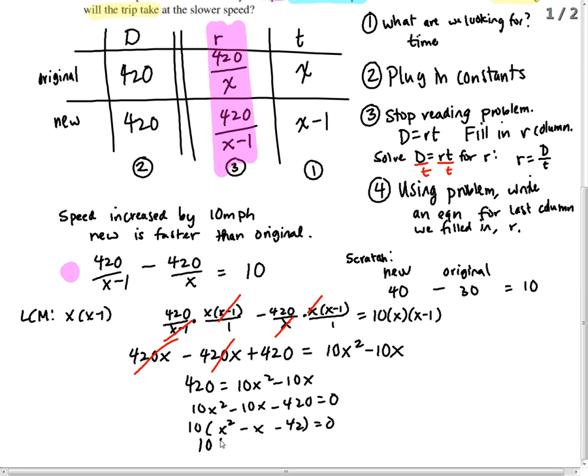Actually, I can see them already. It's 6 and 7, right? x minus 7, x plus 6. I need something that differs. Okay. And so I see x equals 7 or x equals negative 6.